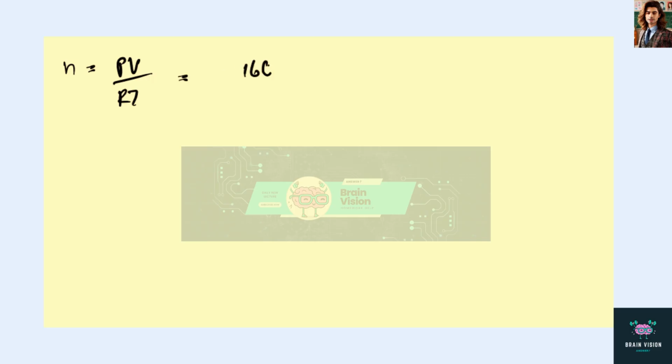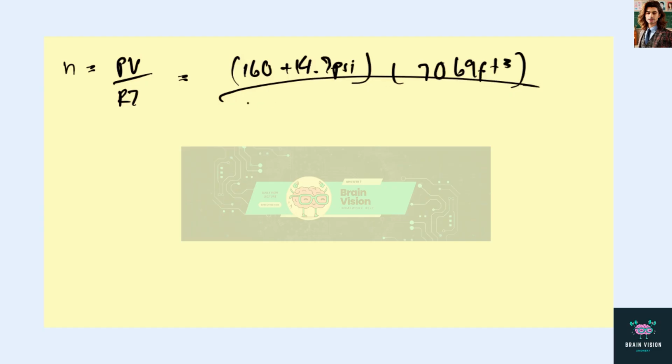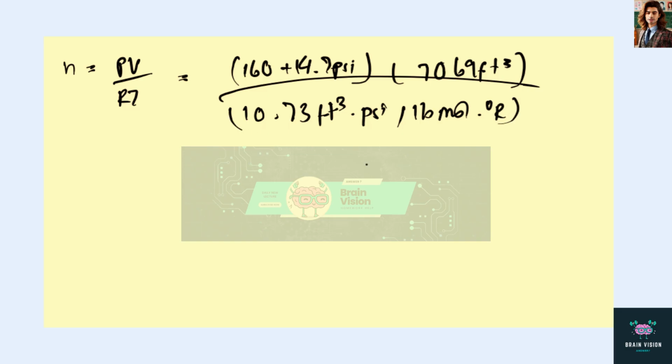We have N equals 160 add 14.7 psi pressure, volume 7069 feet cubed, divided by 10.73 feet cubed psi per pound mole degrees Rankine. Multiply that by 90 add 460 degrees Rankine for that conversion.